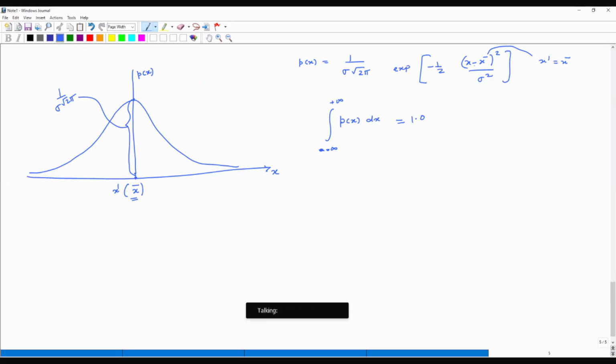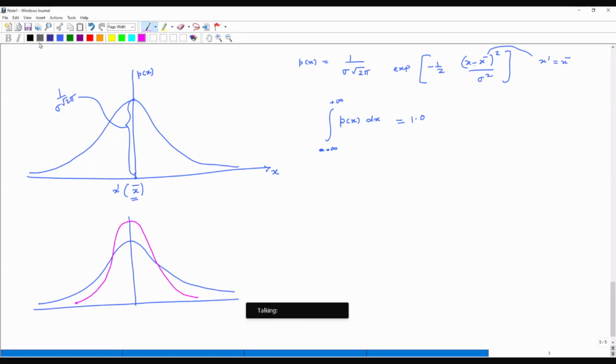Okay. And if I want to compare two normal distribution curves, let's say for one experiment my data looks something like this, and for another set my data looks something like this.